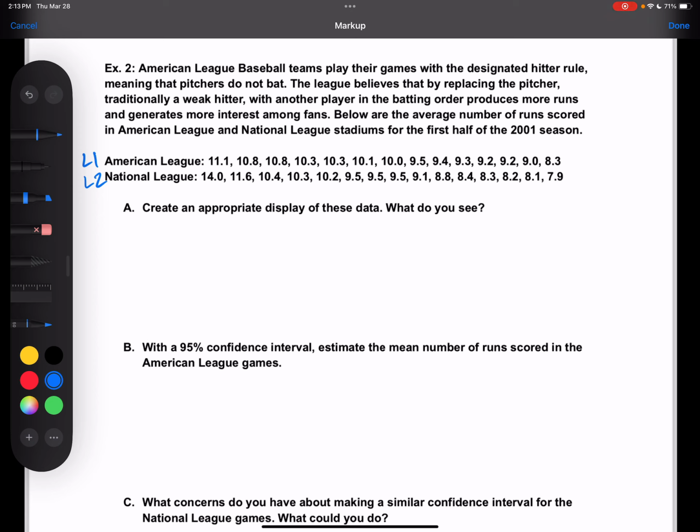Let's look at a parallel box plot because it allows us to compare the two distributions. So go to stat plot. It's like option 5 under your thing. And then you'll do it for L1, and then you'll do zoom stat.